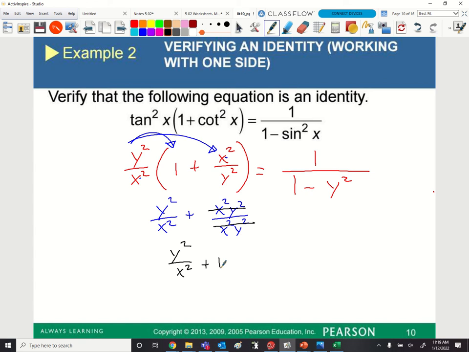Wait, is that it? Almost. It has to match that, right? To get rid of the x squared, wouldn't you have to multiply it? Kind of, yes.